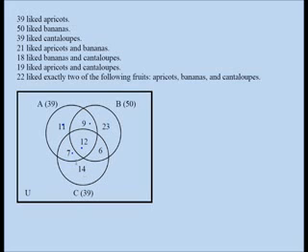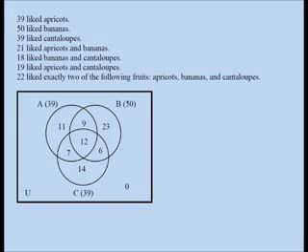Now, if you go back and look at the first slide and read the question, it clearly tells us that all the students liked one of the three fruits. So what I have for this set is really a 0. Nothing goes here because all the students surveyed liked one of the three fruits.